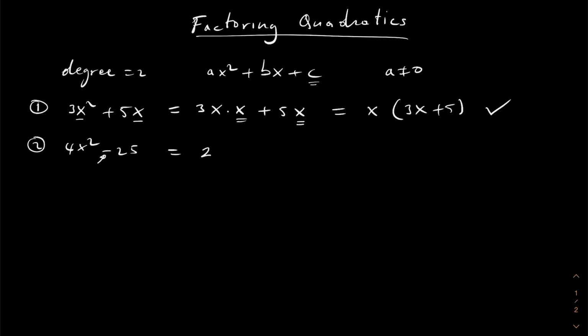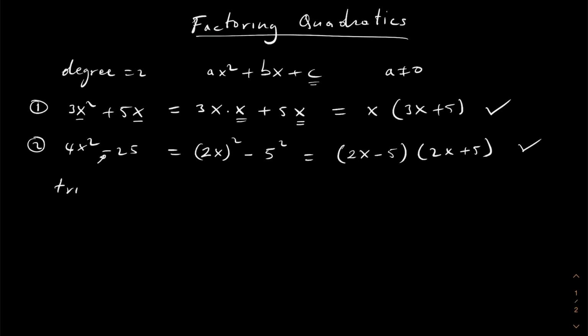If you remember from last time we talked about this, you can look at 4 as 2 squared, and so that's going to be 2x altogether squared minus 5 squared, because 5 squared is 25. And since this is a difference of squares, you can write it as 2x minus 5 altogether multiplied by 2x plus 5.